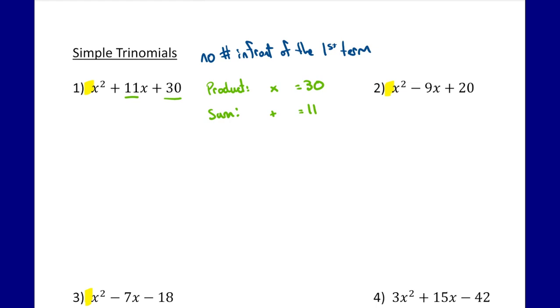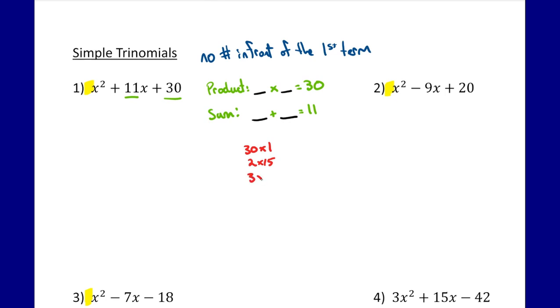So we have to look for two numbers. I'm going to suggest whenever you're doing this, always look for the numbers that multiply to give you 30, because there's less options. So for 30, we have 30 times 1, but 30 plus 1 does not equal 11. We have 2 times 15. 2 plus 15 does not equal 11.